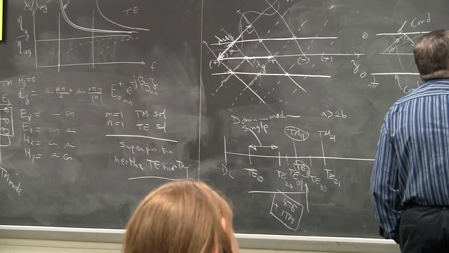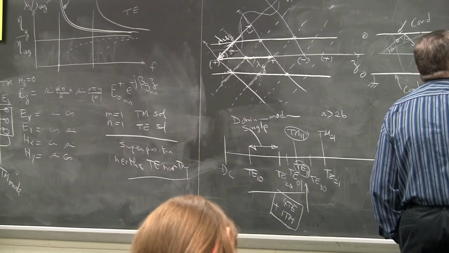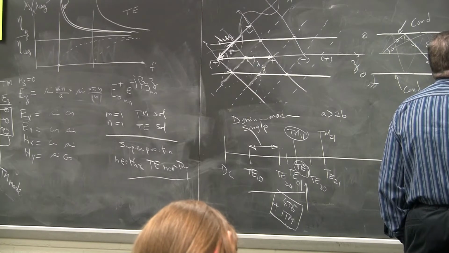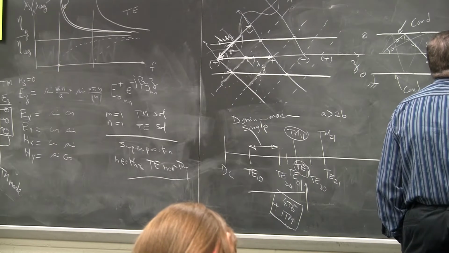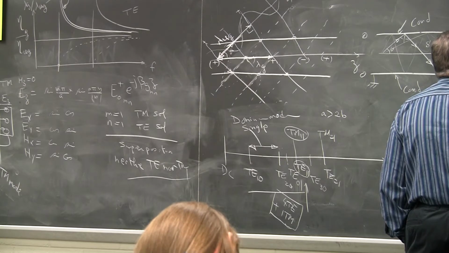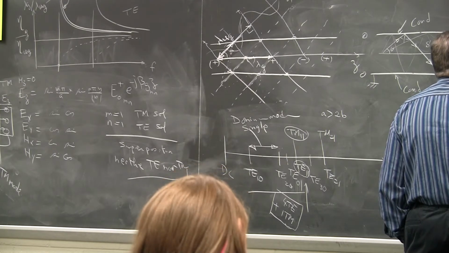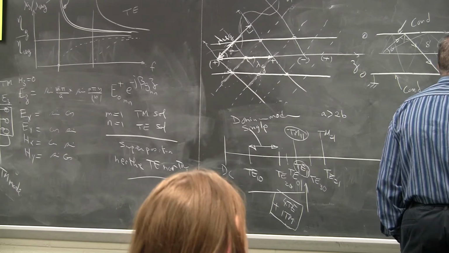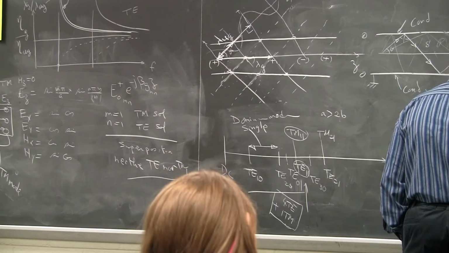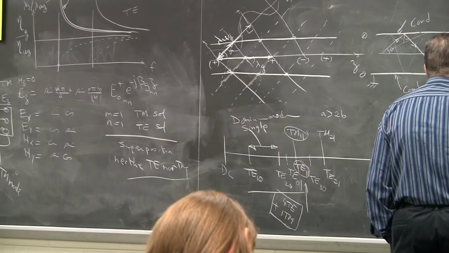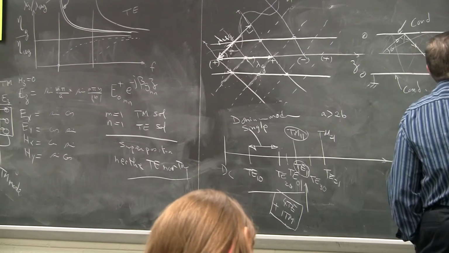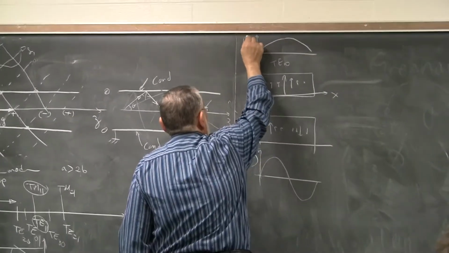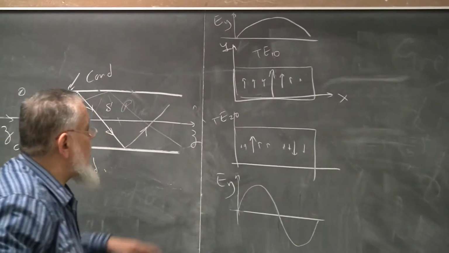Let's see the TE20 mode. What will it look like? It will look like this, shrink to 0, and then flip around and do like that. Because what you have now is a distribution of your EY like this. Your EY in this case was doing this. Okay, that's your TE01.